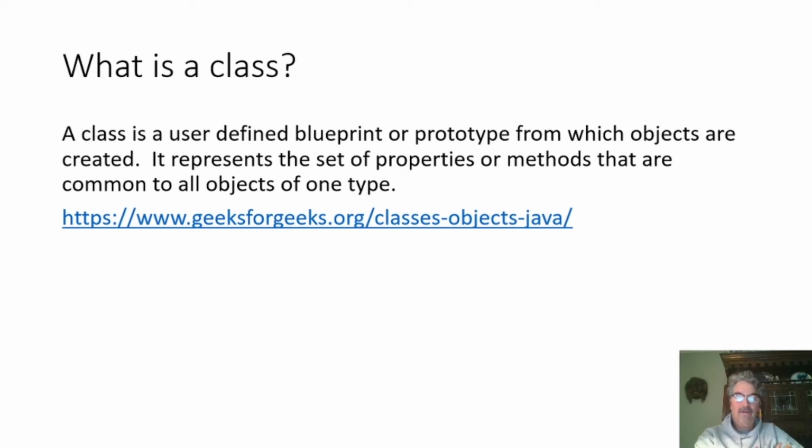In addition, a class might have methods such as update address, update balance, and other actions like report balance, that may be useful for users of that class. So those methods are typically actions.